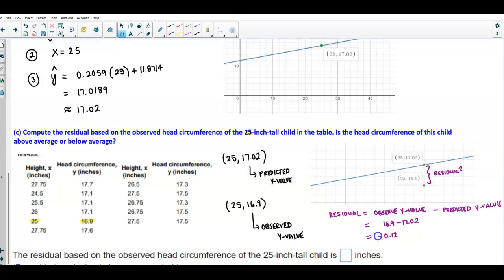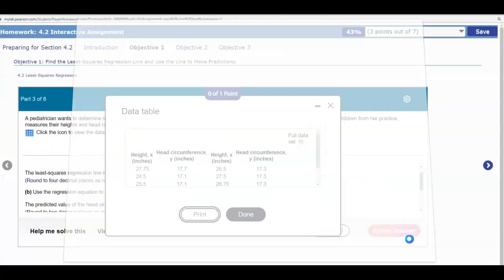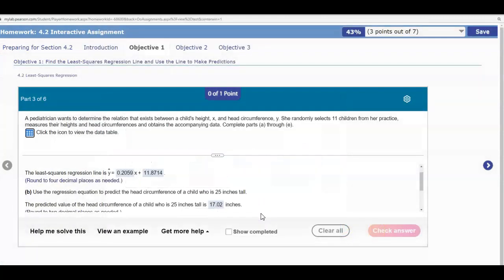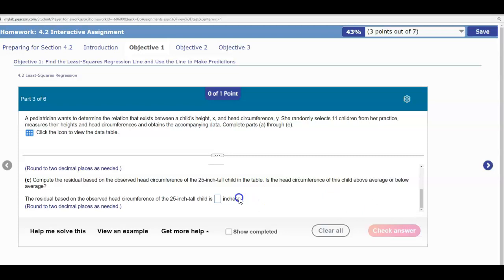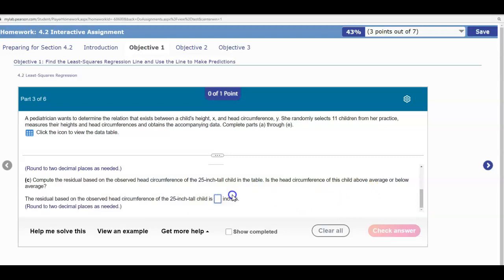That is the residual here, and it is negative because this point is below the line. It says to round to 2 decimal places, so we're just going to leave it at negative 0.12. Let's put our answer in here: negative 0.12.